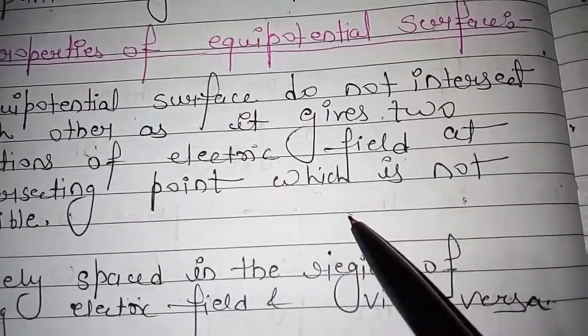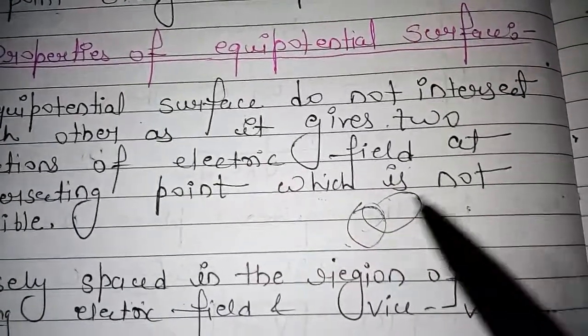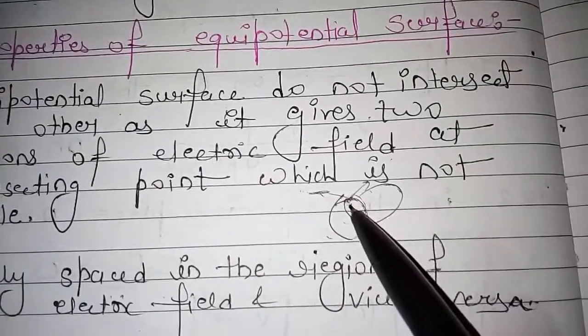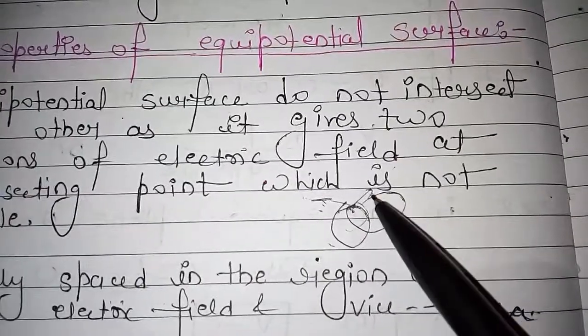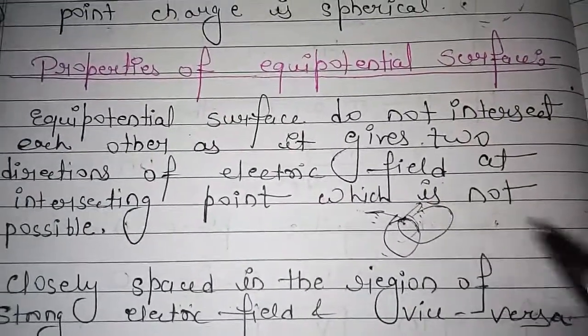Suppose two equipotential surfaces intersect each other, then at the intersecting point there will be two directions of electric field, and two directions of electric field at one point is not possible. So two equipotential surfaces do not intersect each other.